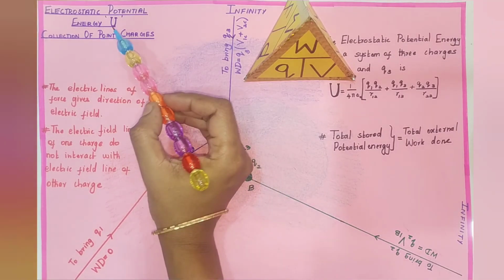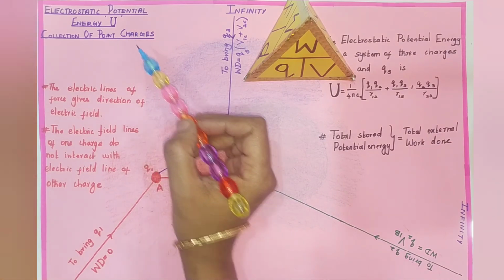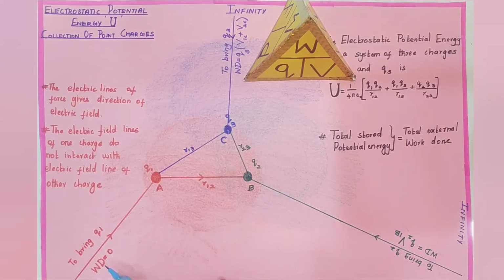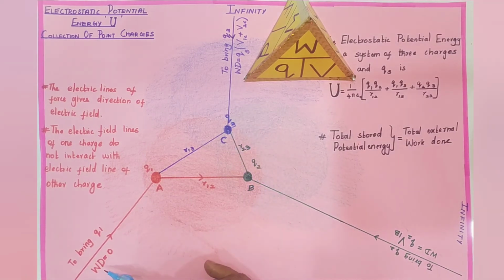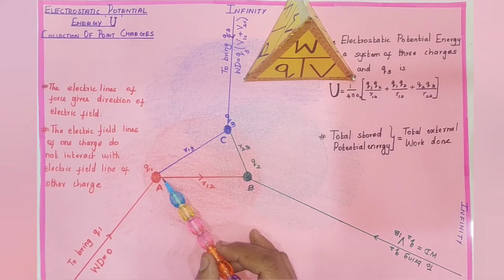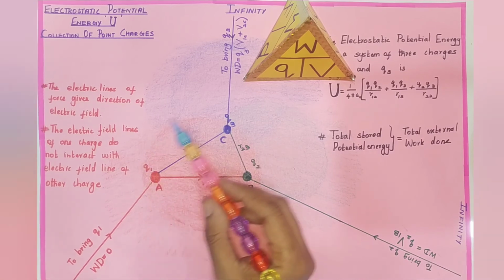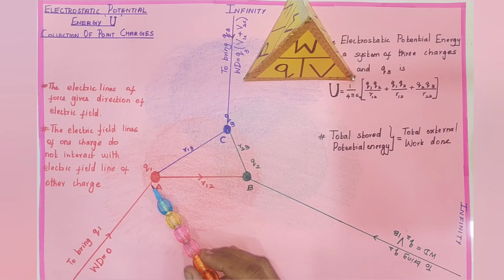The electrostatic potential energy U for a collection of point charges. Initially, all the charges Q1, Q2, Q3 are at infinity. First, we bring the charge Q1 from infinity and place it at the point A. Since initially there are no forces existing here, the work done is 0.